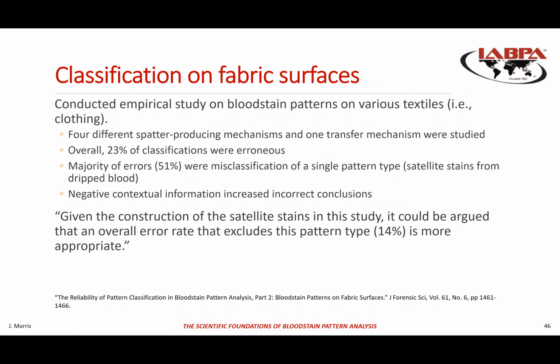They state that if you can argue that it's a function of the study design, then an overall rate of 14% may be more appropriate. So they admit that perhaps the rate of erroneous conclusions is actually 14% rather than 23%.